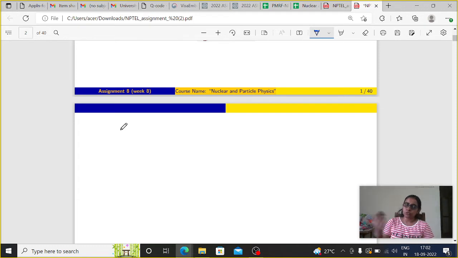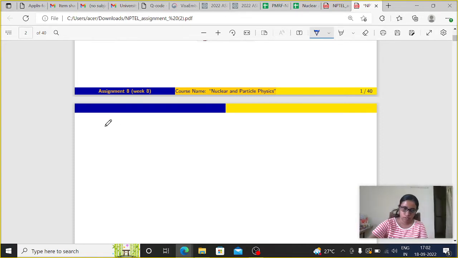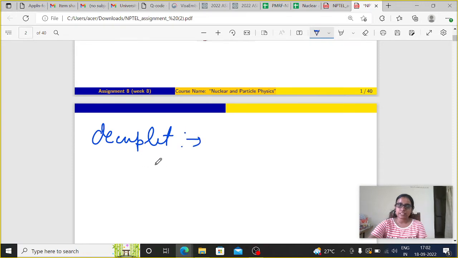After that we will move to quantum chromodynamics, like color charge, color field, and all these things. So let us start with the decuplet.